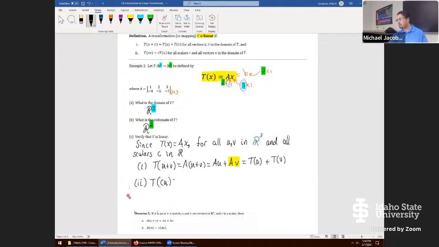Take T of c times u. Now let's go and say what the mapping T does. Whatever's inside here, we just multiply by the matrix A. So this is A times the scalar multiplication c times u. But now we come down here and it says, if you have A times c times u, then you can just rearrange that scalar, put it way out in front.